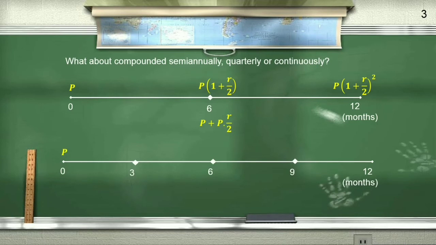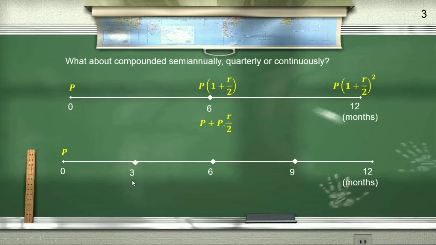Next, what about if the interest is compounded quarterly? In this case, we divide 1 year into 4 periods, and this will affect our interest, which is divided by 4.